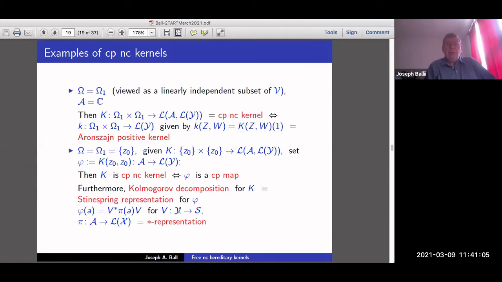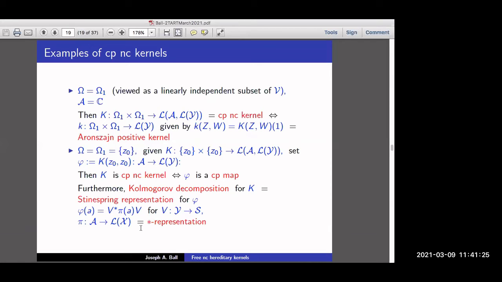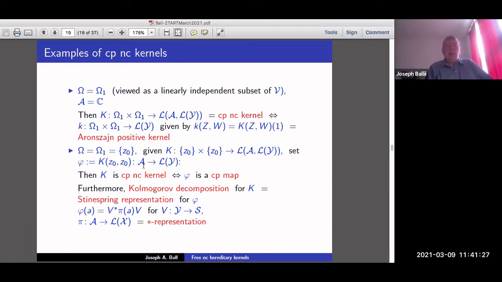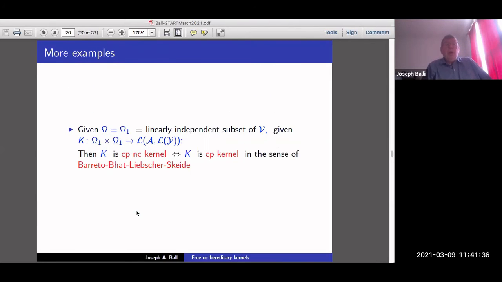V is an isometry from Y into X. And then pi of a, pi is a representation from C-star algebra elements to operators on X. So everything is correct if you change S to X. So the Kolmogorov decomposition for the completely positive noncommutative kernel just collapses to the famous Stinespring representation for a completely positive map.